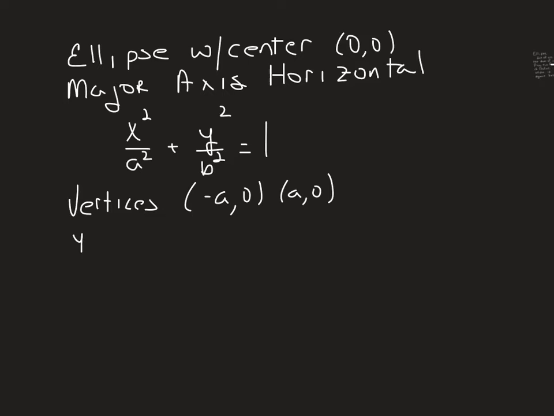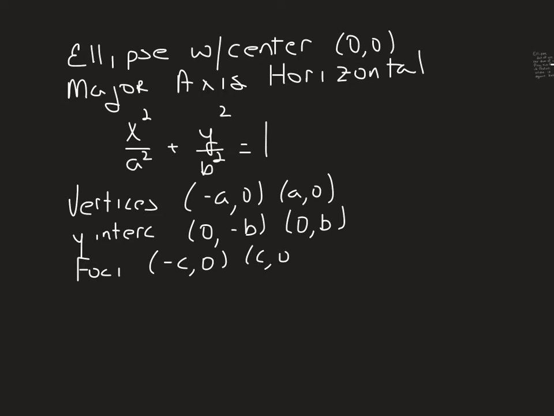The y-intercepts are (0, -b) and (0, b). And the foci, now remember, the center is at the origin. The foci are (-c, 0) and (c, 0). And c squared equals a squared minus b squared.